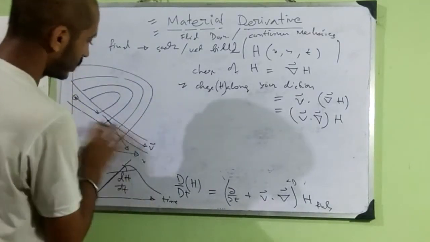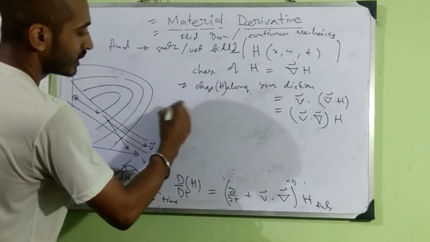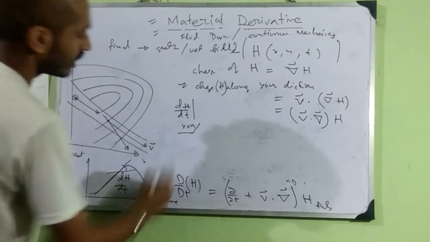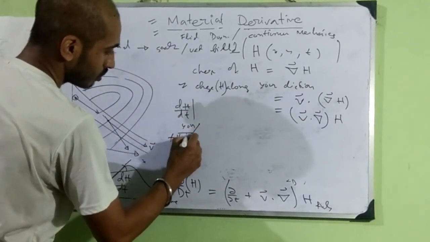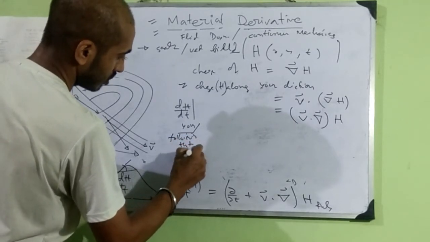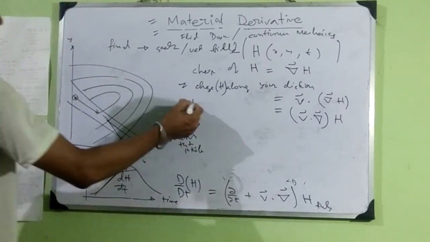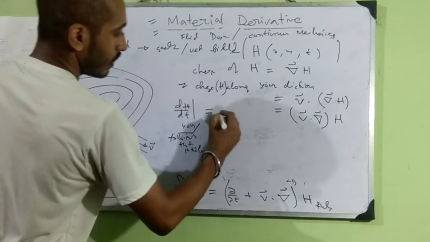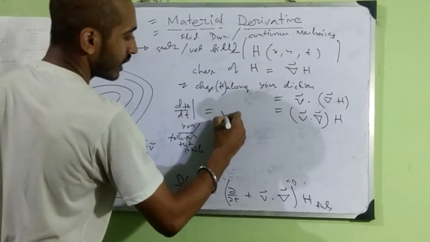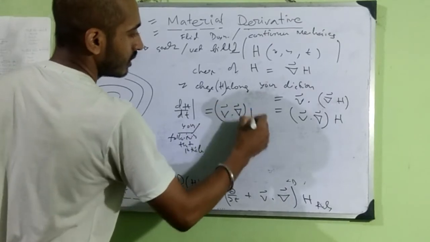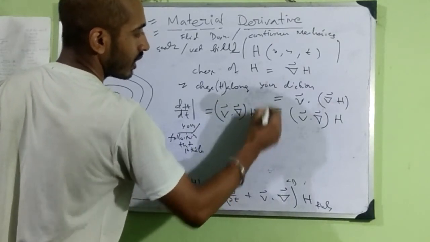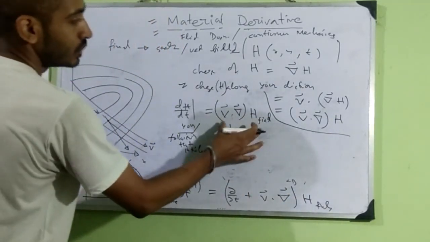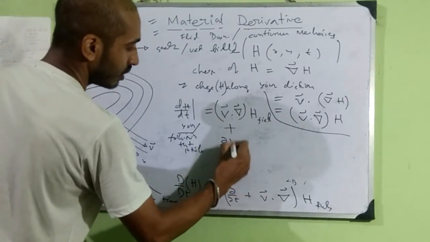So at any time, the change of heat in your direction with time, that is represented as dh/dt following you, or for a particle following that particle, and this h does not represent the field, is equal to the change along your direction, that is v dotted with grad h field, plus you have to add the time dependent change of h, that is del/del t of h.